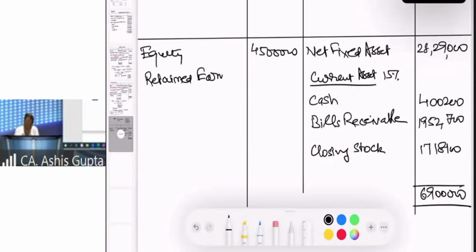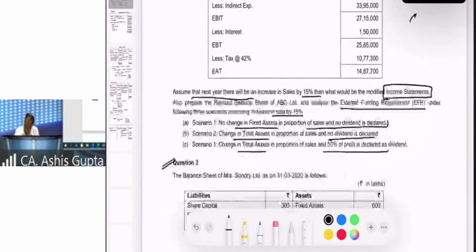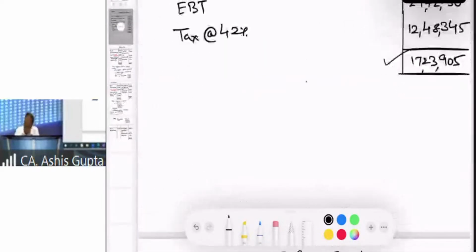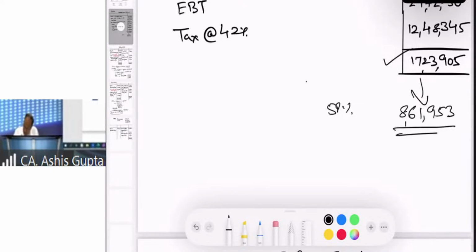Now here, student, please note, our scenario says 50% of the profit is declared as dividend. So ultimately, what will be the retained earning? 50% of the same. 50% of the modified income statement, that is 8,61,953, rounding off just. Okay, students. So this figure will become the retained earning in scenario 3.